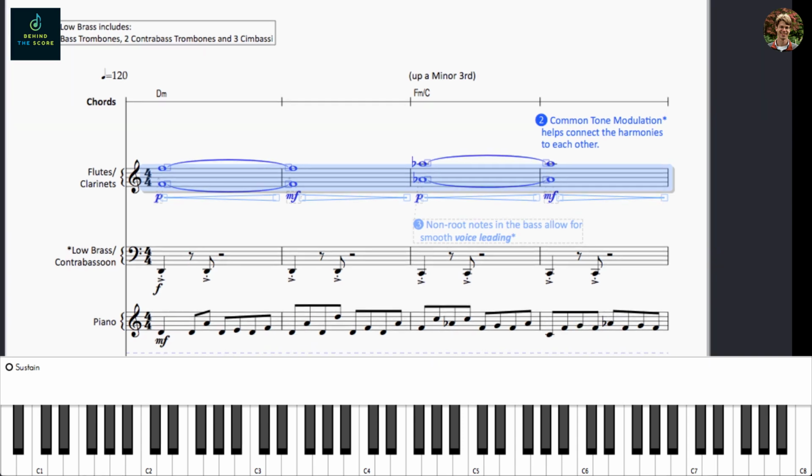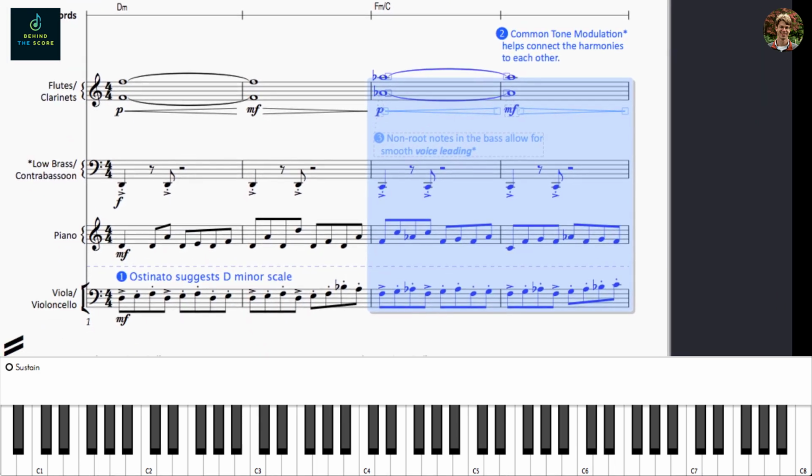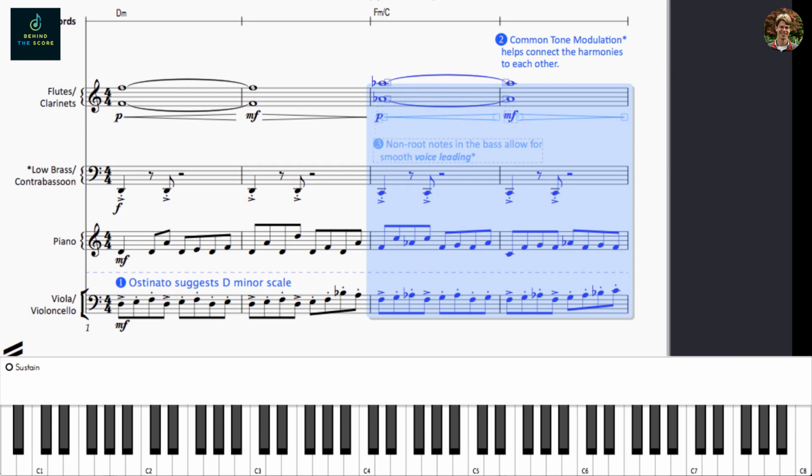Okay, so let's talk about the harmony and modulating by thirds and what that really means. Quite simply, when we're in the key of D minor, D is our tonic. Over here, we're in the key of F minor, and F is the tonic.